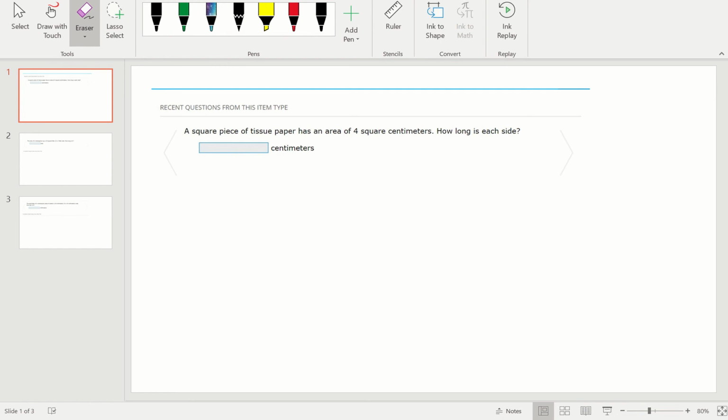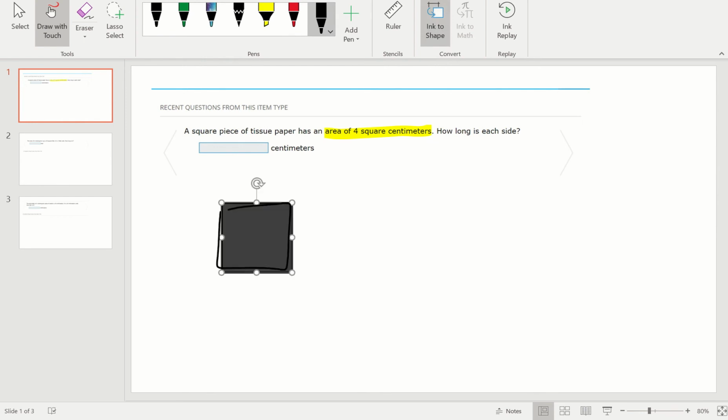For example, this one. It says a square piece of tissue paper has an area of 4 square centimeters. How long is each side? Okay, so what that means is if I've got a square, they are telling me that the area is already found.